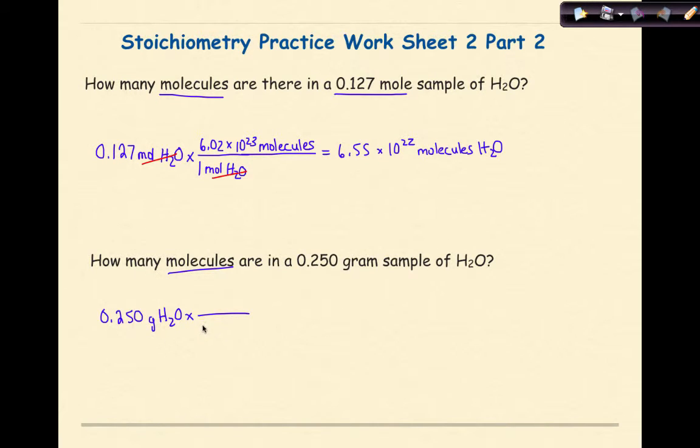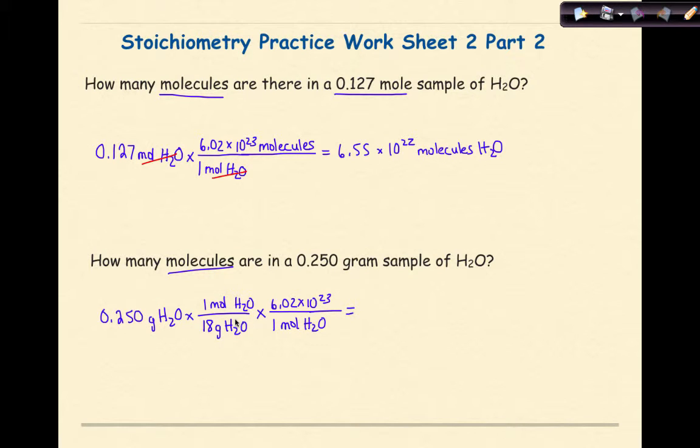So the gram formula mass of water is 18 grams of water in every 1 mole of water. If I start with moles of water, then moles of water has to go on the bottom. So 1 mole of water is equal to 6.02 times 10 to the 23rd molecules of water.